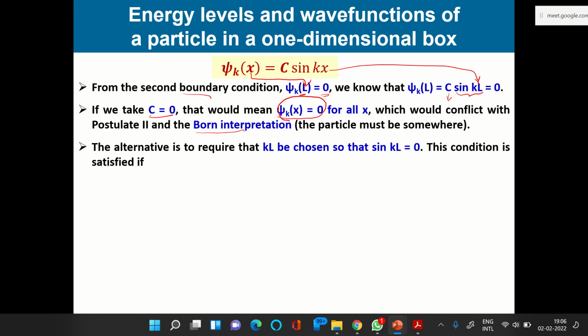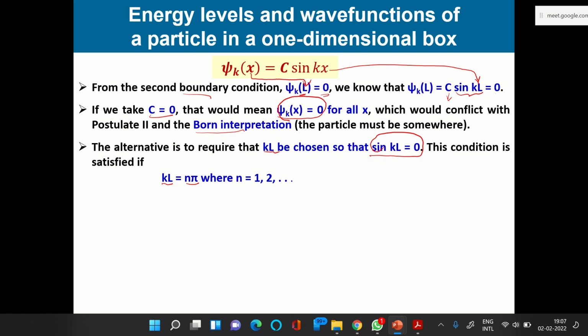The second alternative is that you set sine kL to be 0. So kL must be chosen in such a way that sine kL becomes 0. This is possible if kL is equal to n pi.